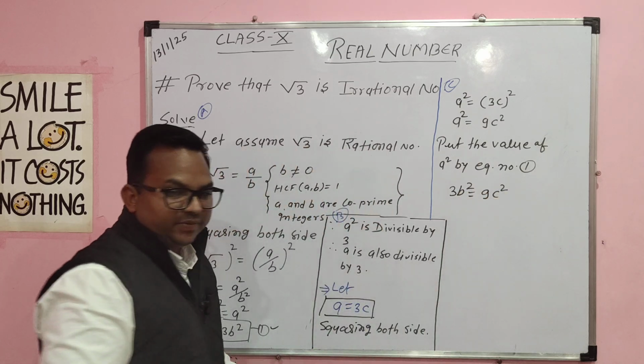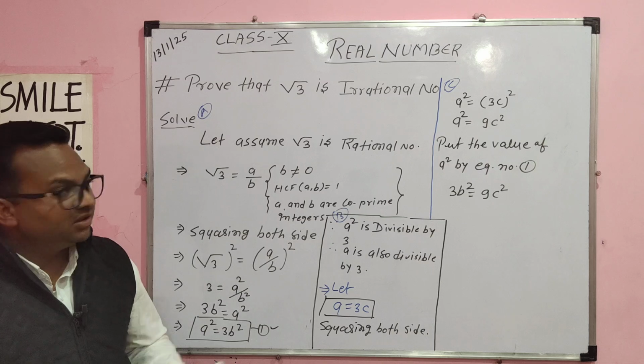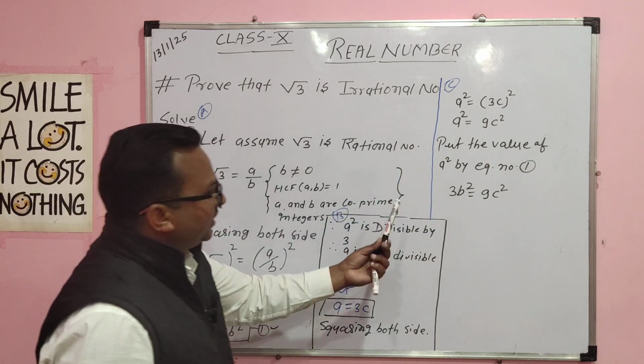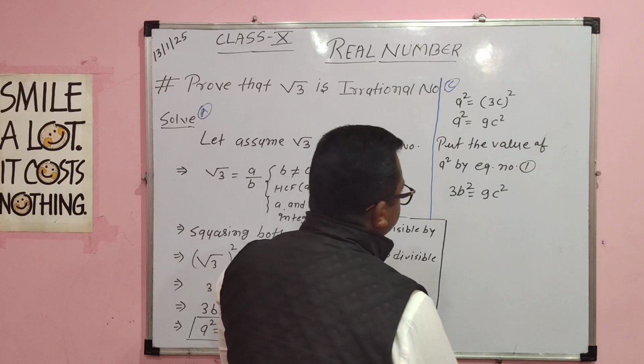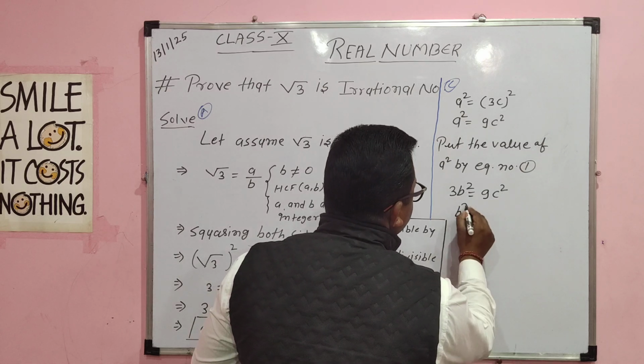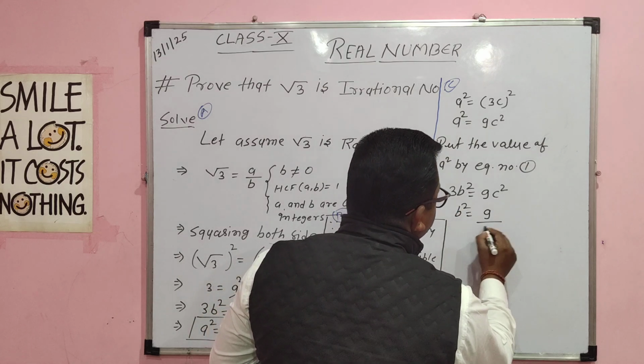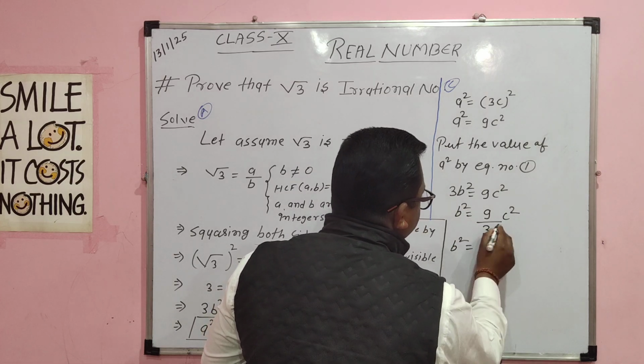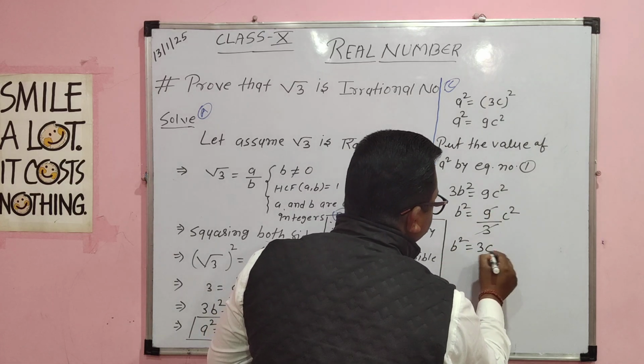Understand or not? Next step is b square equals 9 by 3 c square. B square equals 3c square, since 3 times 3 is 9.